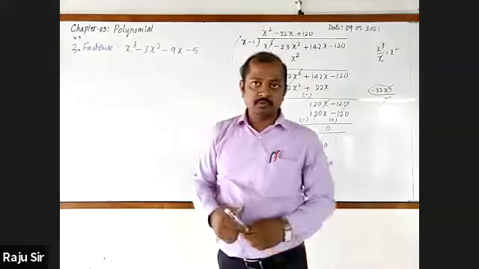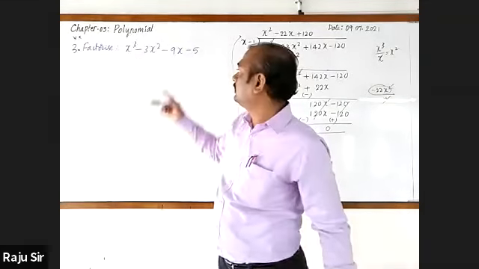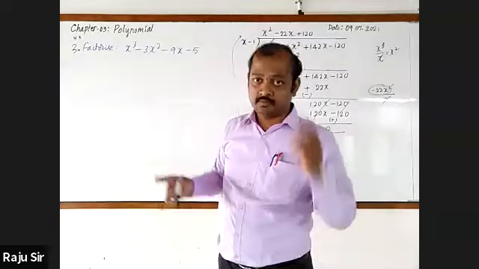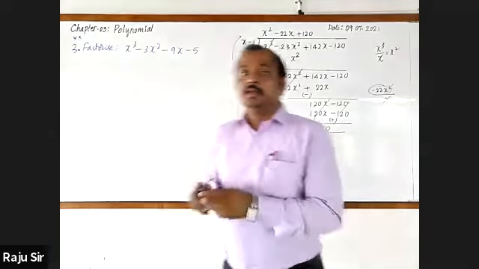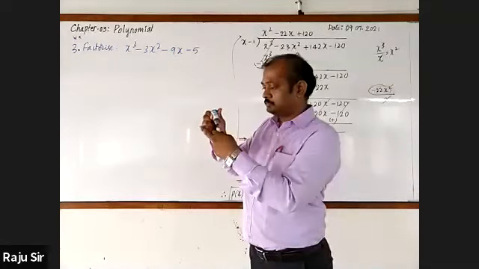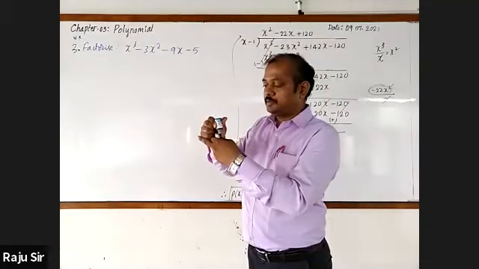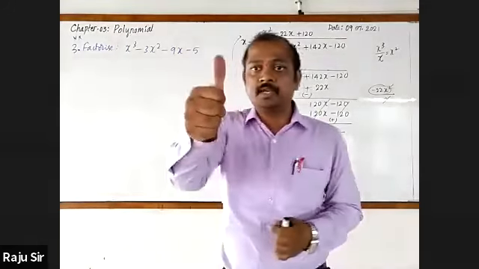The first one, you just check that. I think it was x cube minus 2x square. It was given in the worksheet only. Have you copied or not?